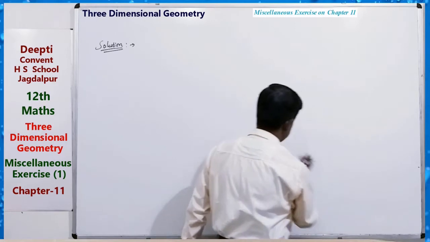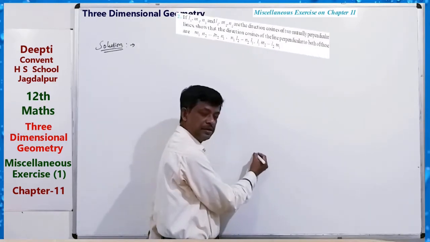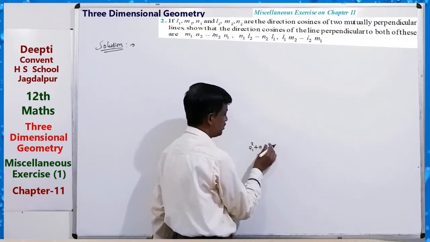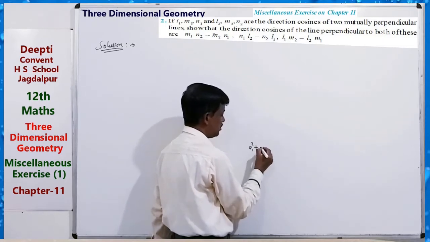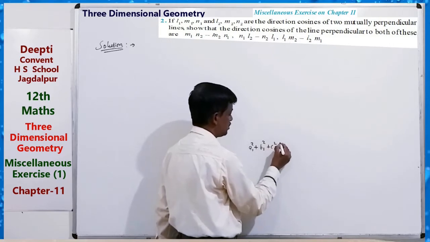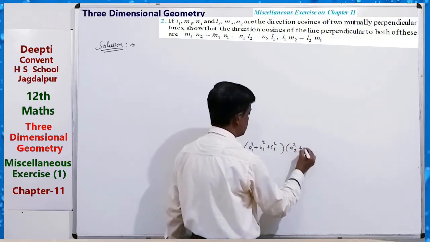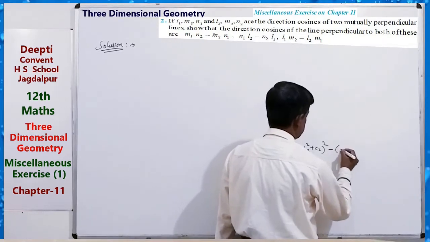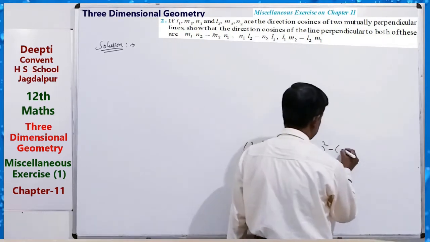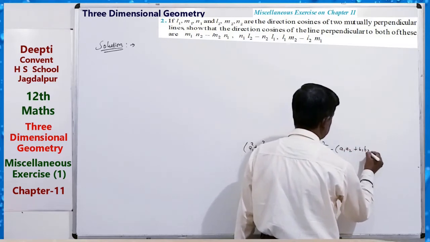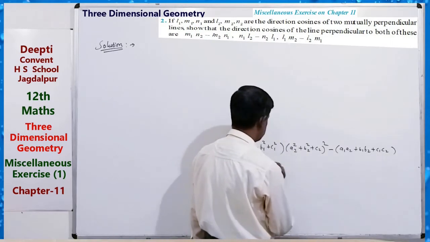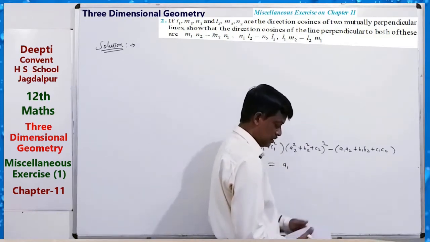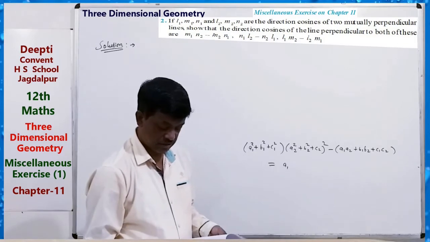This type of identity we know: (A1 square plus B1 square plus C1 square) into (A2 square plus B2 square plus C2 square) minus (A1 A2 plus B1 B2 plus C1 C2) whole square equals something. Just this type of property is there. Okay.